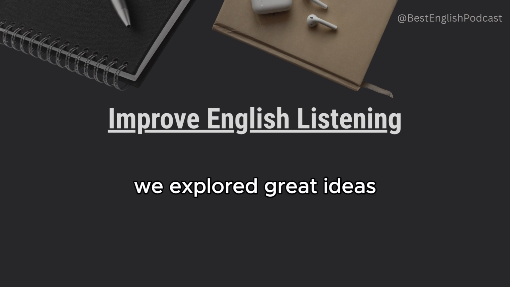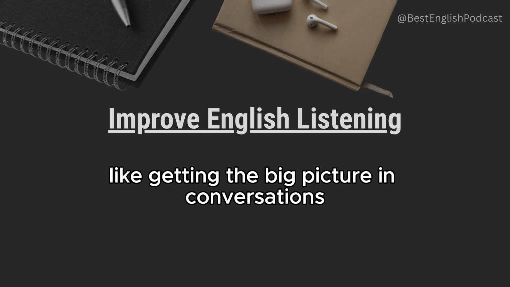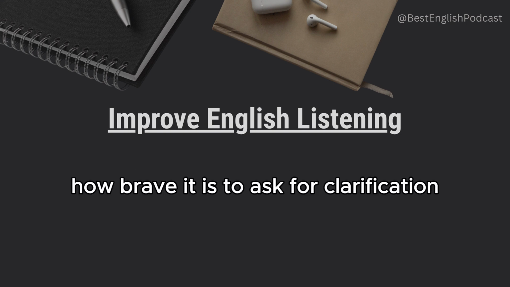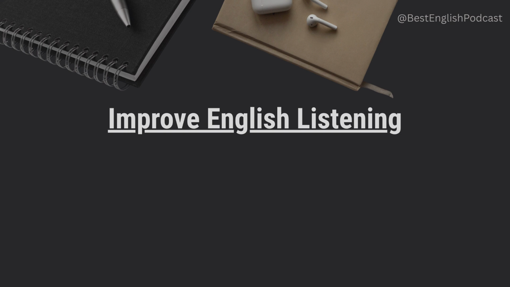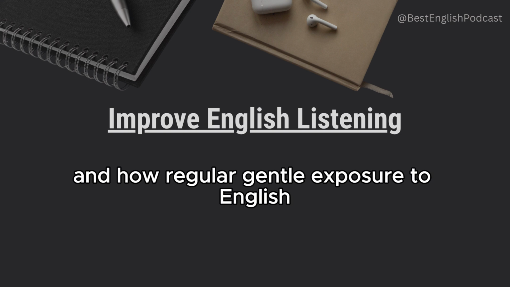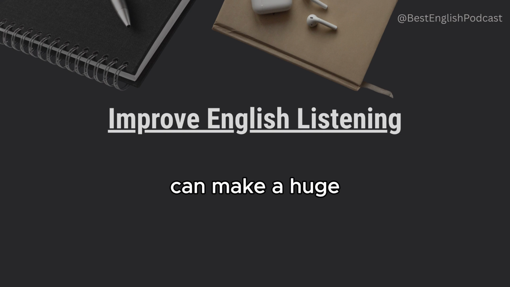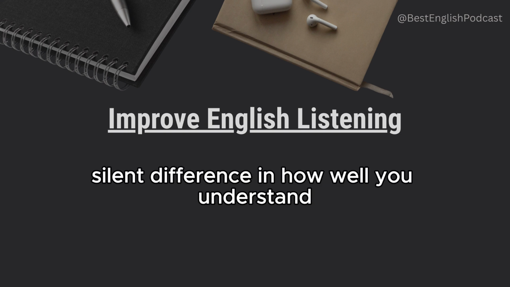We explored great ideas like getting the big picture in conversations, how brave it is to ask for clarification when you're not sure, and how regular, gentle exposure to English, like just changing your phone's language, can make a huge, silent difference in how well you understand.